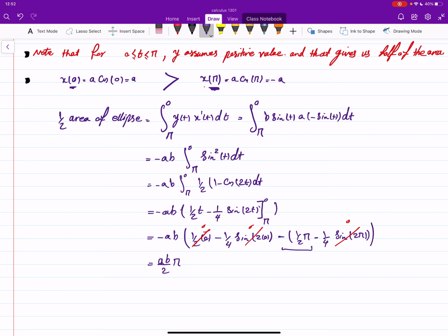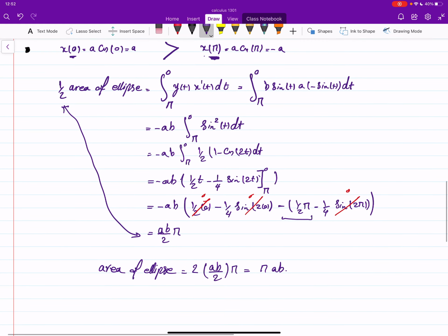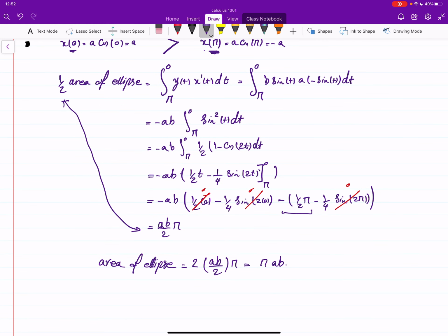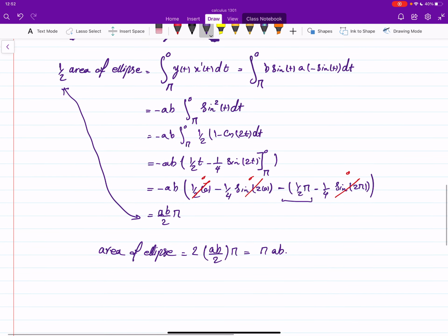And then you see that the area of the ellipse is going to be twice that. Remember that this was half, so now twice that, which will be pi times ab. Okay, so that is the area of an ellipse with x radius a and y radius b.